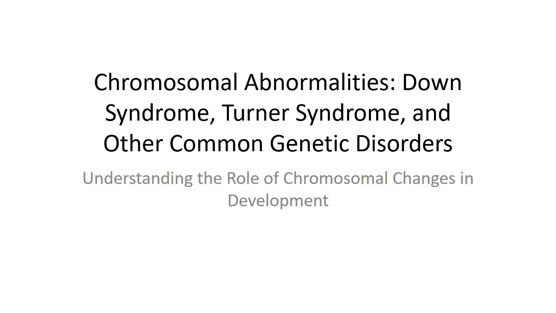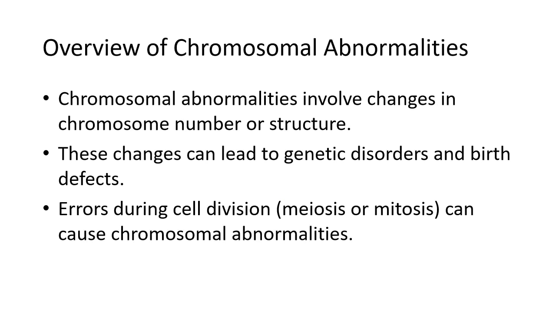Chromosomal abnormalities, Down syndrome, Turner syndrome, and other common genetic disorders. Chromosomal abnormalities are conditions that arise when there are changes in the structure or number of chromosomes, which are the carriers of genetic information.